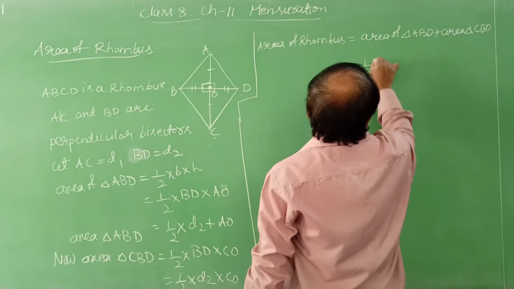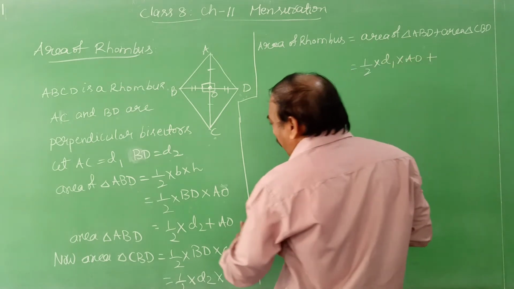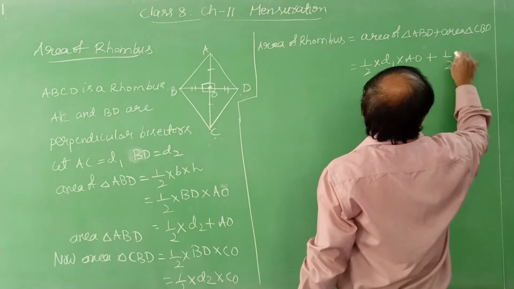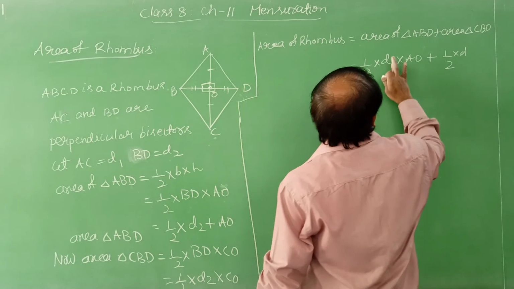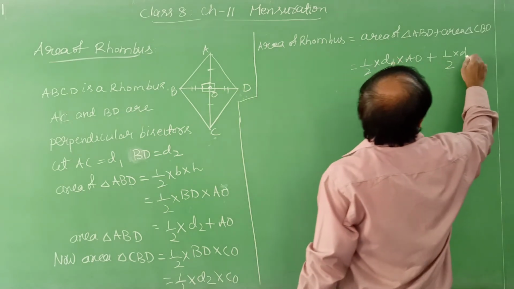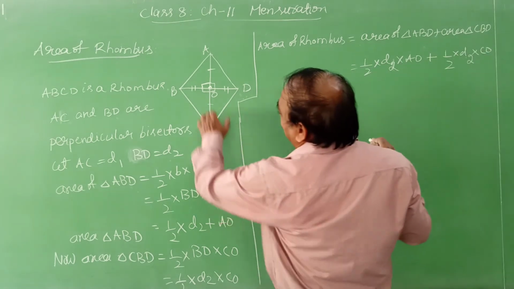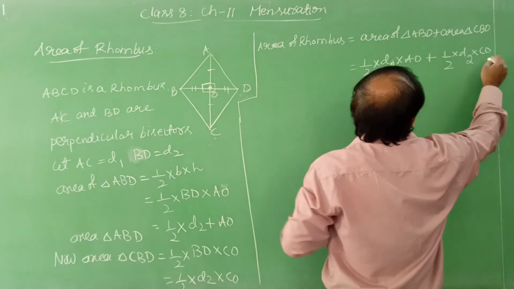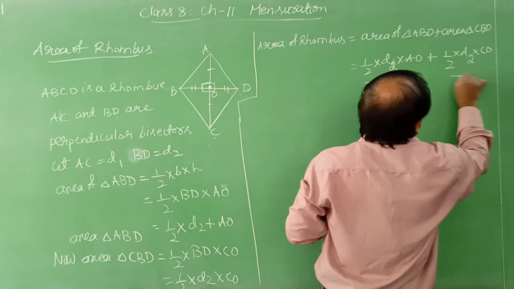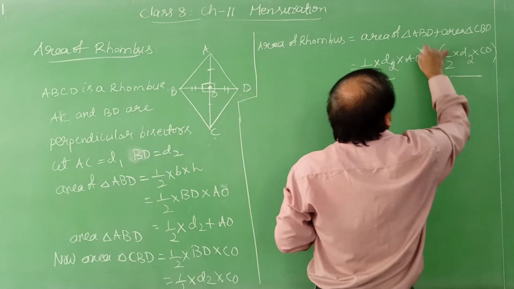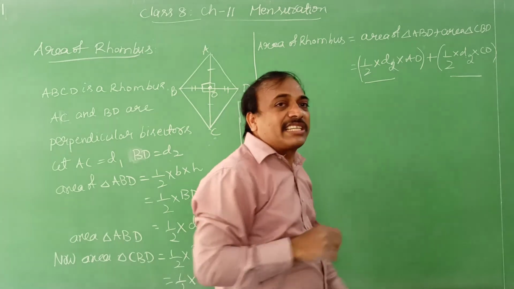Sorry, this is not D1, here we wrote D2. So half into D2 into AO plus half into D2 into CO. Which is common?